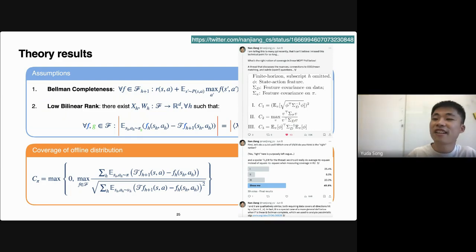Yeah, this is what happened during the paper writing. We started with the absolute sign, and later when we wrote the proof, we realized you don't need the absolute sign in the numerator. But it can be smaller than 0. That's why we put the max with 0 in this term.